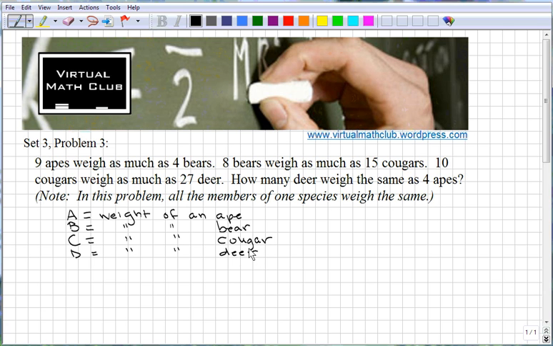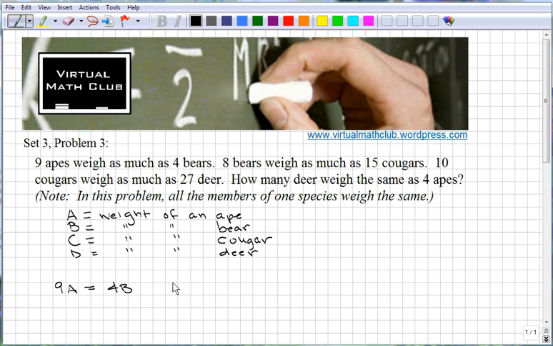Now that we have our variables defined, all these statements can be converted into equations. Let's start with the first statement. It says that 9 apes weigh as much as 4 bears, so 9A equals 4B. That's the same thing as the statement up here: 9 times the weight of an ape is equal to 4 times the weight of a bear.